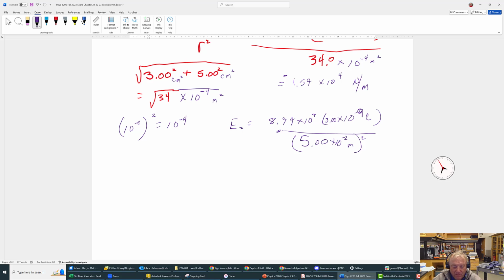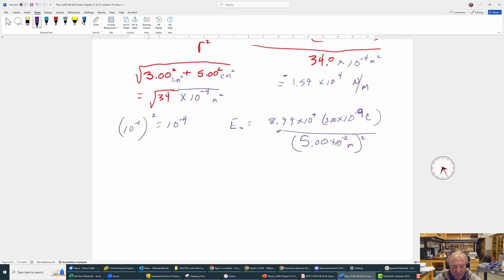And I get 8.99 E9, enter, 3 times 10 to the negative 9, and 5.00 e to the negative 2.